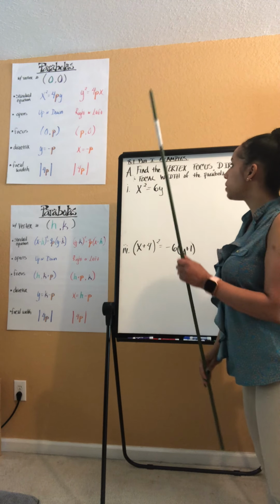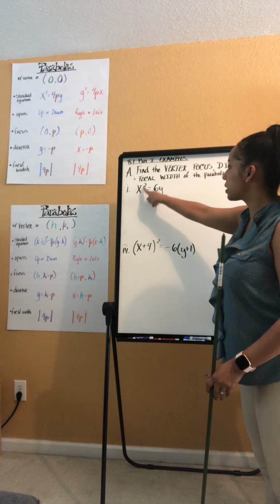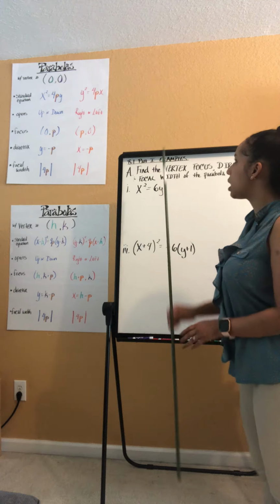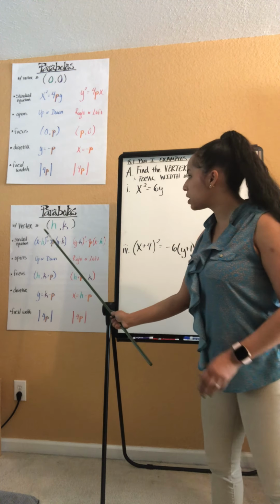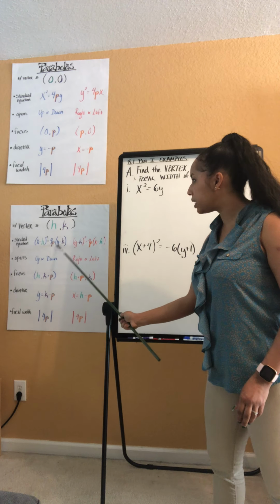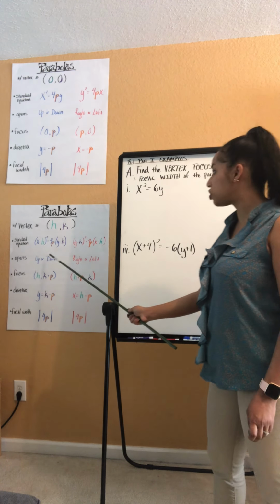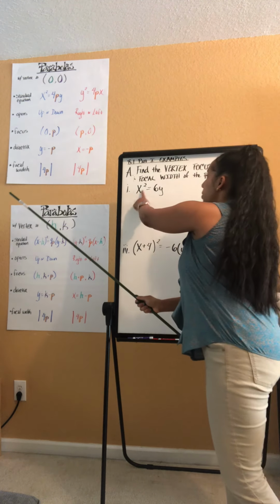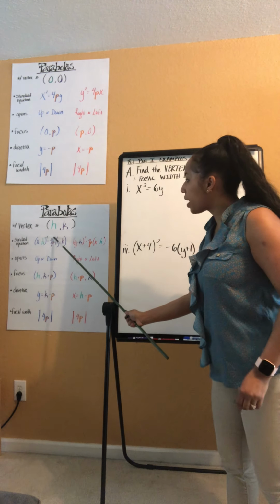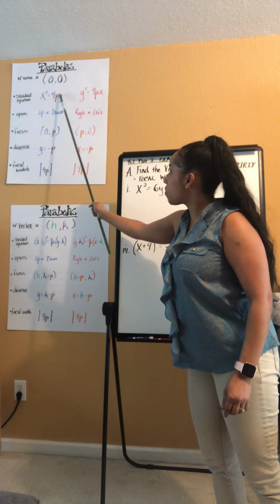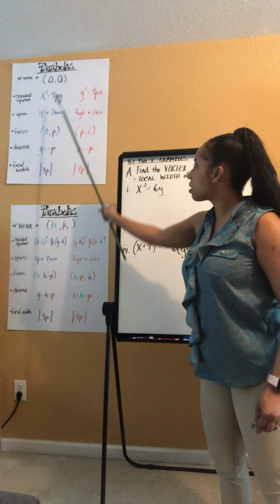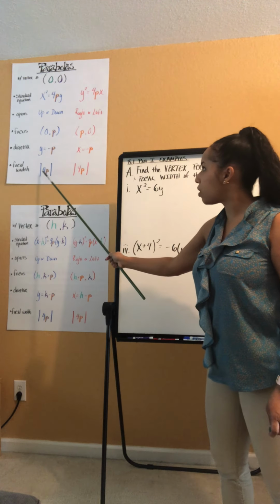You'll notice that if I'm looking at this formula here, x squared equals 6y, it comes from the top sheet. I know this because there's nothing subtracted or added inside parentheses. All right, it's just a plain old x squared. There's nothing taken away from it, so I'm looking up here. And x squared means I'm over here on the blue side. So I'm just going to follow all the set of instructions over here on the blue side.